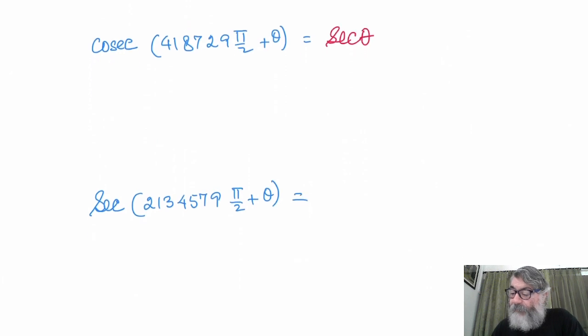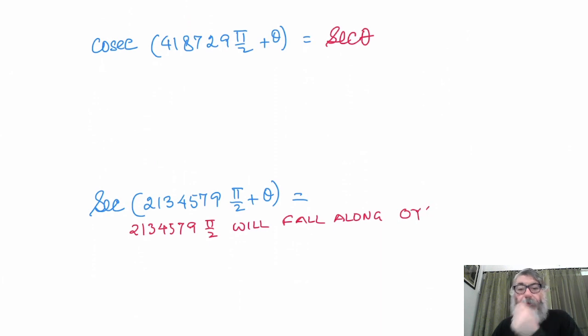And now let us see 2134579 divided by 4. 79 divided by 4: 4 9s are 36, 3 will be the remainder. Pi by 2 will fall along OY dash.